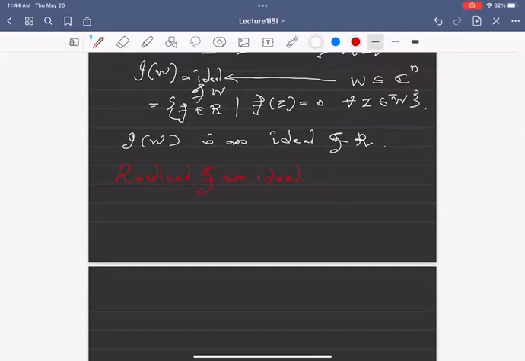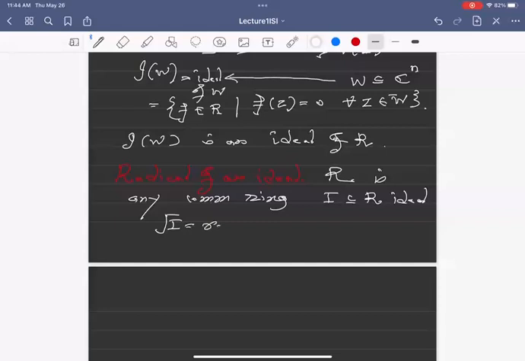So if R is any commutative ring, and I is an ideal, then the radical of I is defined to be all f in R such that some power belongs to I. Not just the squares, but some power belongs to I. So all polynomials which are roots of some polynomial in I form an ideal.